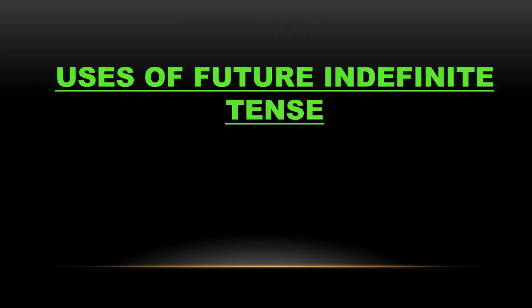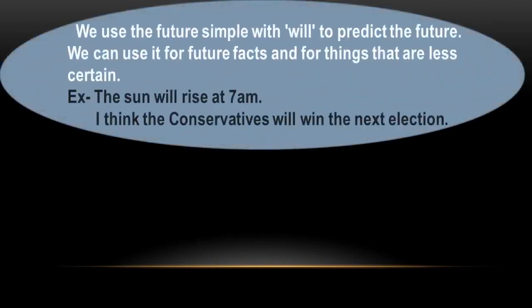Now let's discuss the uses of future indefinite tense. The first use we have is we use this simple future with will to predict the future. We can use it for future facts and for things that are less certain.